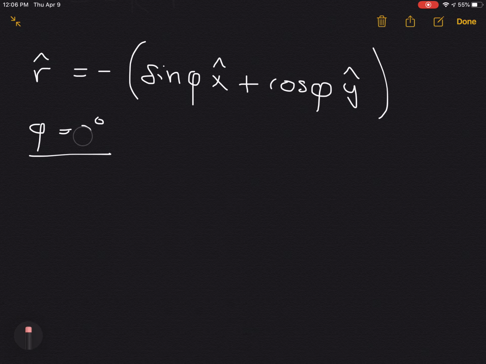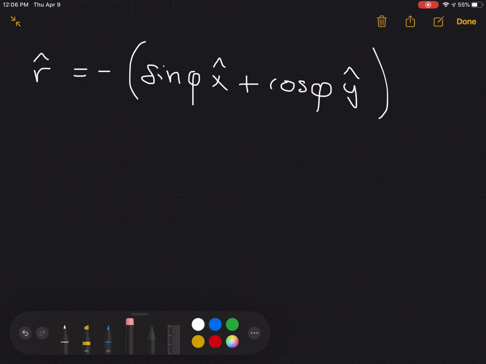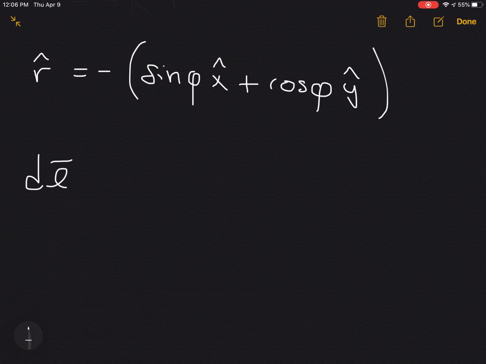And we're gonna check this for the easy case of phi equals 0 in a second. So dl, I'm going to write something out here and see if you agree with it.